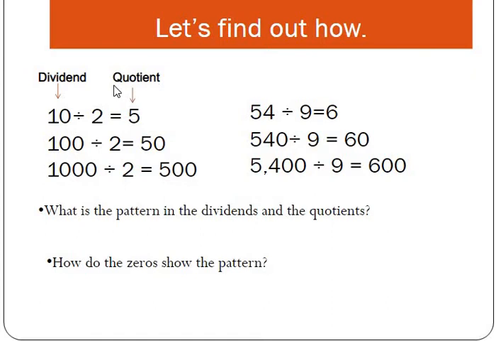Now look here, miss. If you divide 10 divided by 2, okay? Now relate it: what number do I multiply by 2 to give me 10? It will be 5. So actually 10 divided by 2 will give you 5. Now what about if you divide 100 divided by 2? As I said, you will look for the basic facts.